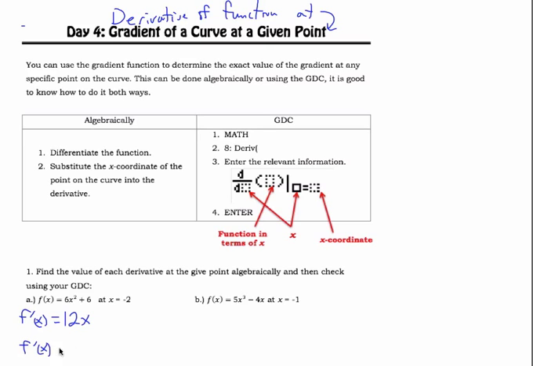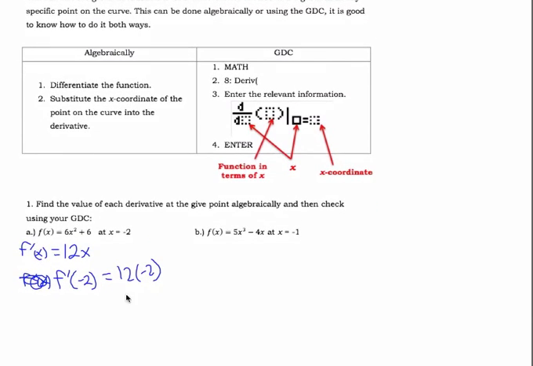So the derivative of the function at x equals negative 2 is 12 times negative 2, which equals negative 24. Okay, and that also means if you were to draw the function, then the slope of the tangent line at x equals negative 2 is negative 24.